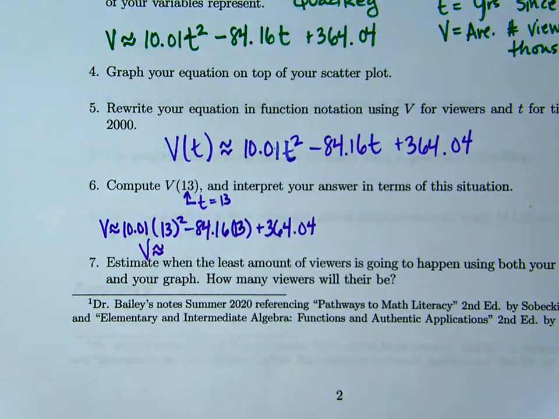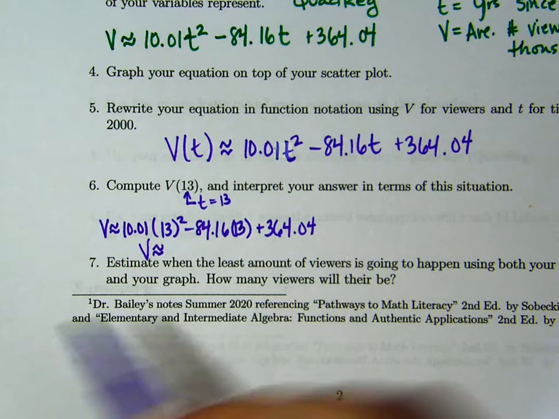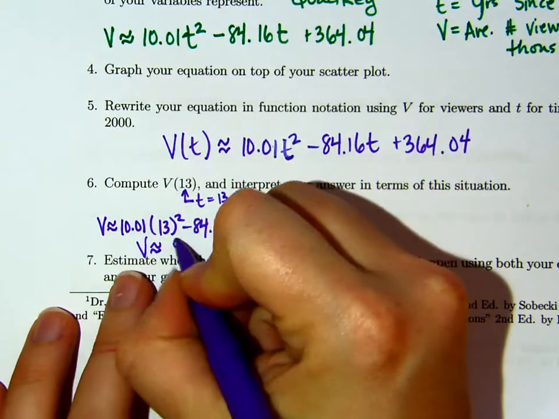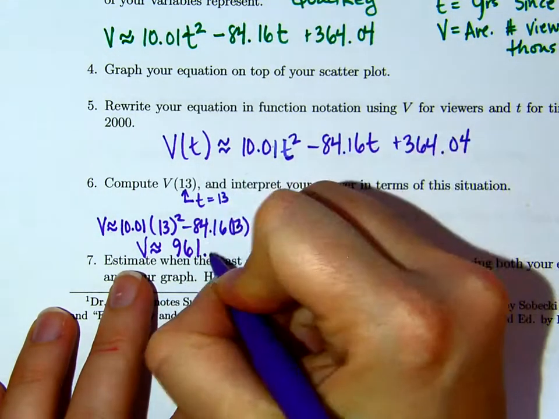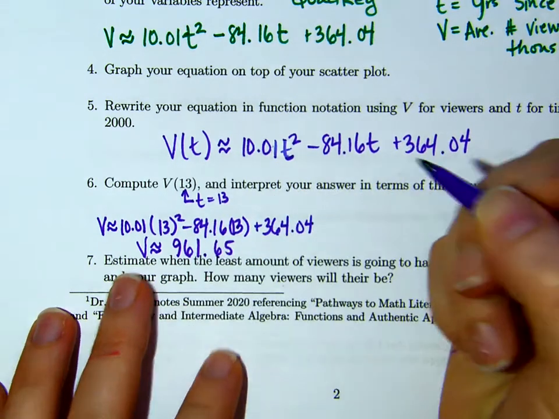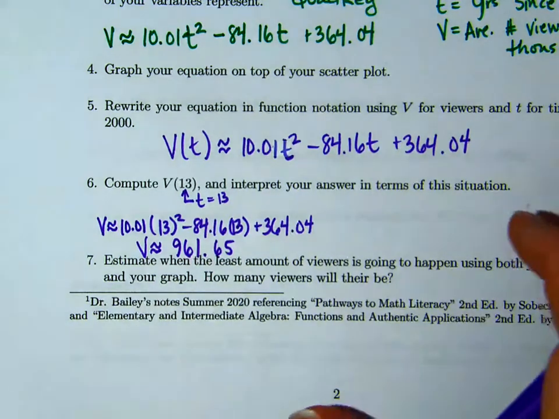V is approximately 961.65 is what I ended up with.